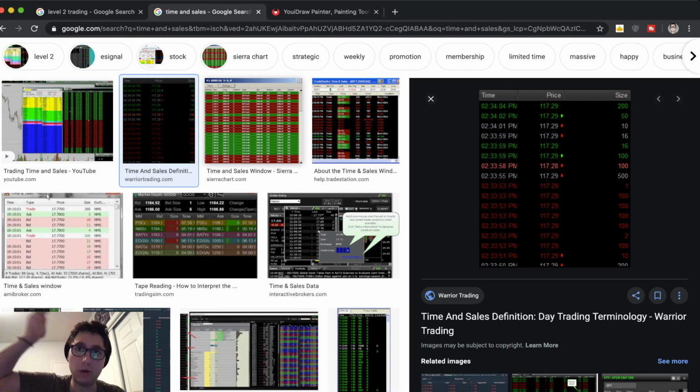The numbers just keep coming, which means more volume is being traded. Other traders are watching the same thing you're watching, and they know there's a wall at 15.50 and that once it breaks, it should go higher. The speed at which numbers are printed is a good indication that other traders are watching what you're watching, and that there's volatility, volume, and price action to come in the stock.